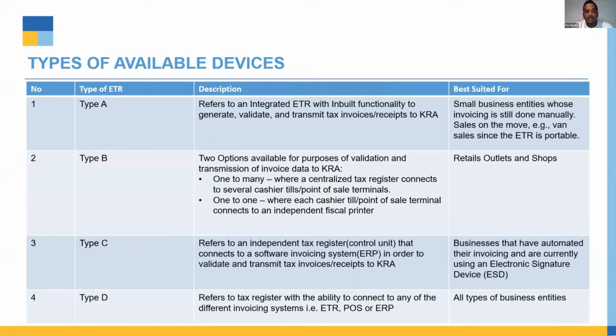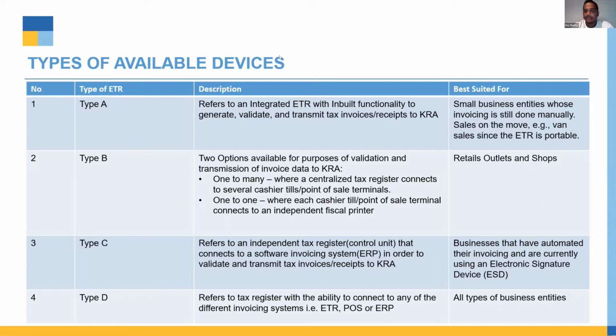Okay, now let me come to the different types of devices. I hope everyone knows about it, but still let me briefly explain. What types are available in the market, and what is the difference between the types?